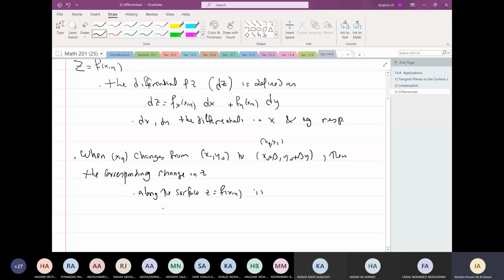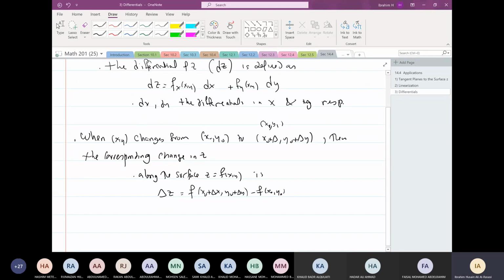What is it? It is delta z. The change is f final minus f initial. This is the change on the surface, f final minus f initial.